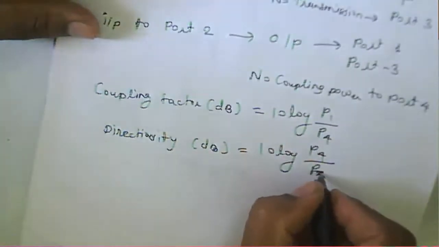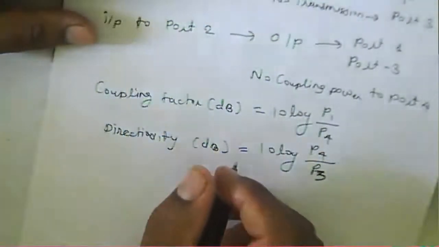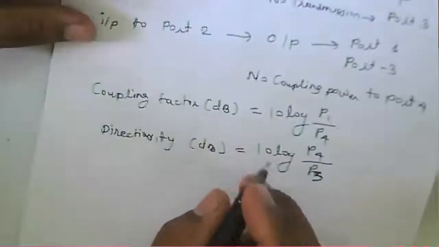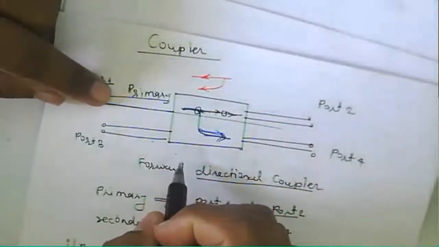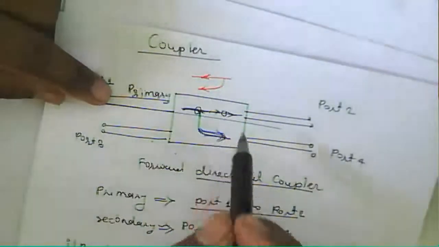That is the directivity. All these terms are in dB. So while working with this port, when we provide the input here, we need to consider that all other ports are to be matched and then work it out.